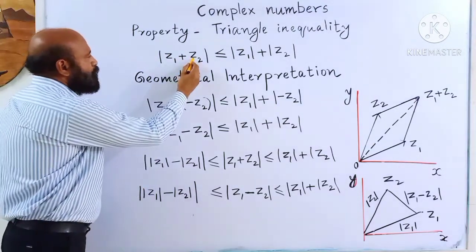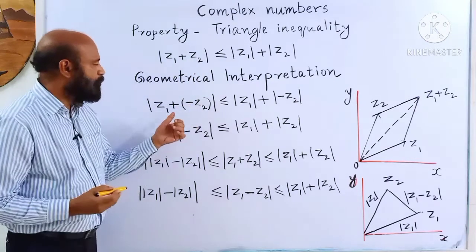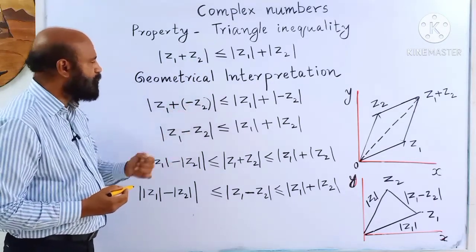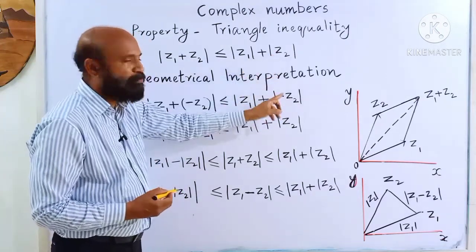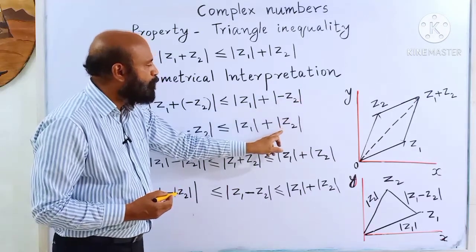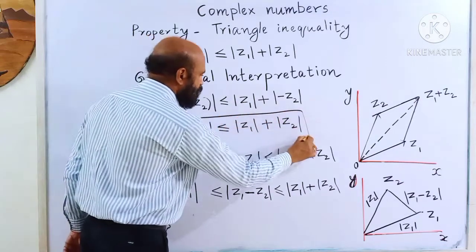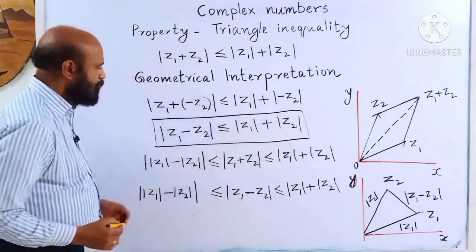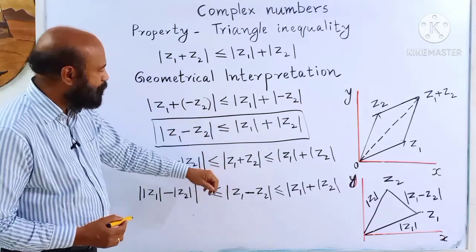Now instead of Z2 you put minus Z2. But on this side, instead of Z2 you are putting minus Z2, but the modulus of minus Z2 is same as modulus of Z2. So you are getting one more expression.